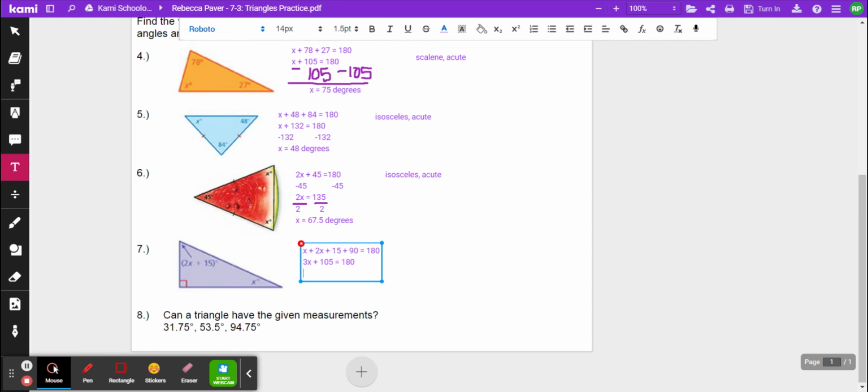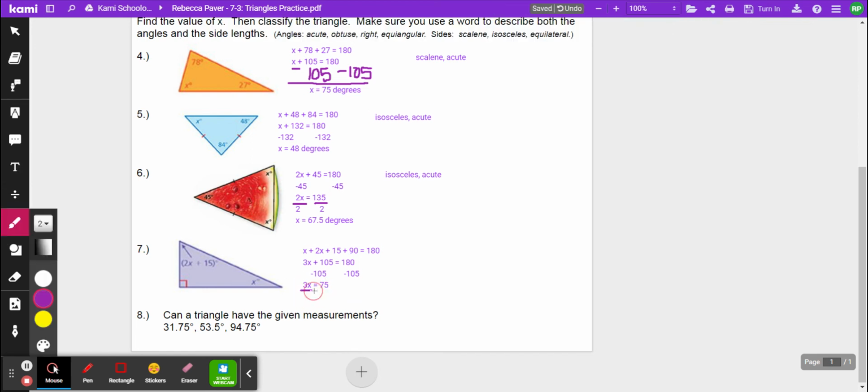Imagine again that these terms are in houses. We've got 3x in one house and plus 105 in another house next door. So we want to get rid of the plus 105 first by subtracting 105. Do the same thing to both sides, and that leaves us with 3x is equal to 75. Now we'll divide by 3 on both sides.